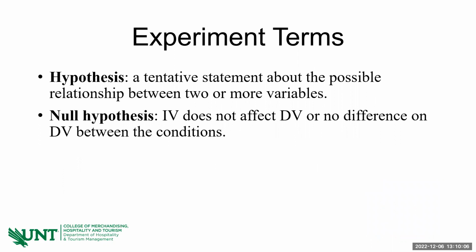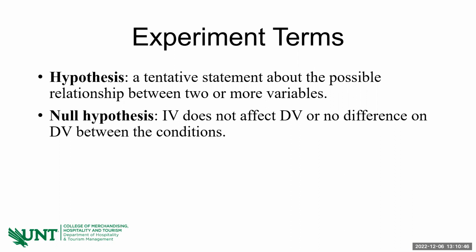Now, the hypothesis and non-hypothesis. In an experiment, just like any other quantitative study, you need to write hypotheses. You need to propose the relationship between your independent variable and dependent variable. And many times we would also have a mediator or moderator, as in other correlational studies. However, the writing of an experimental hypothesis is different from other quantitative studies like correlational research.